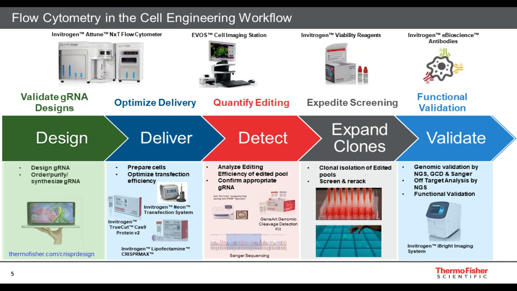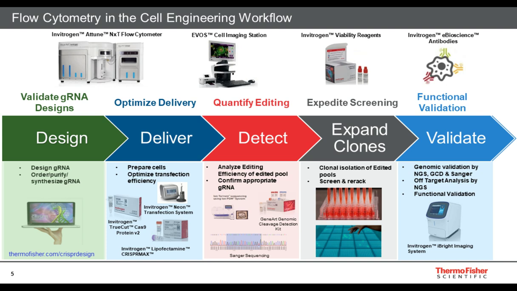So what I'd like to highlight here is this is really a collection of tools and the standard workflow. And flow cytometry can really play a role and help accelerate this, in every step of the way for each of these major and, frankly, laborious steps through the gene editing workflow. So you can use flow cytometry to help validate your guide RNA design.